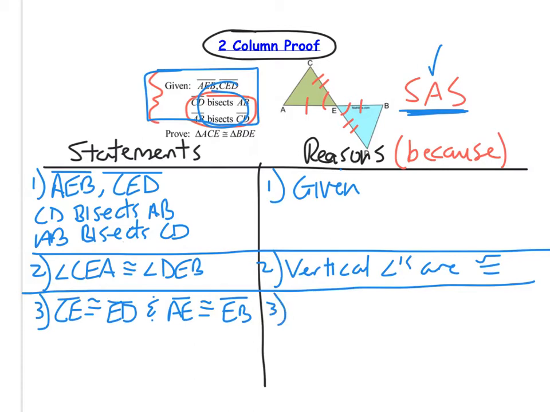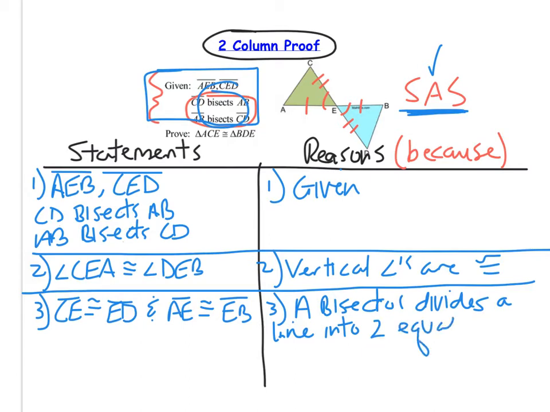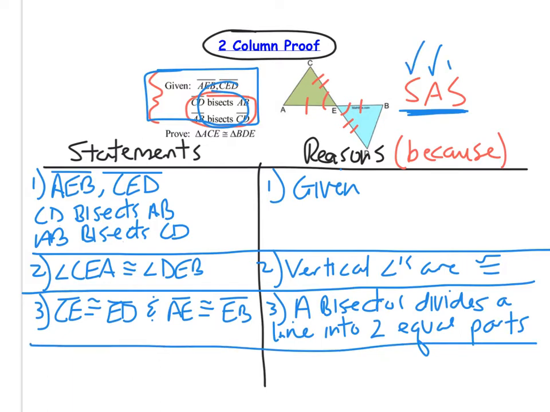So we'll jot down that definition of a bisector that says a bisector divides a line, and this is directly from the packet we filled out, into 2 equal parts. That takes care of both my sides right there. Once all that is checked off, my proof is done.